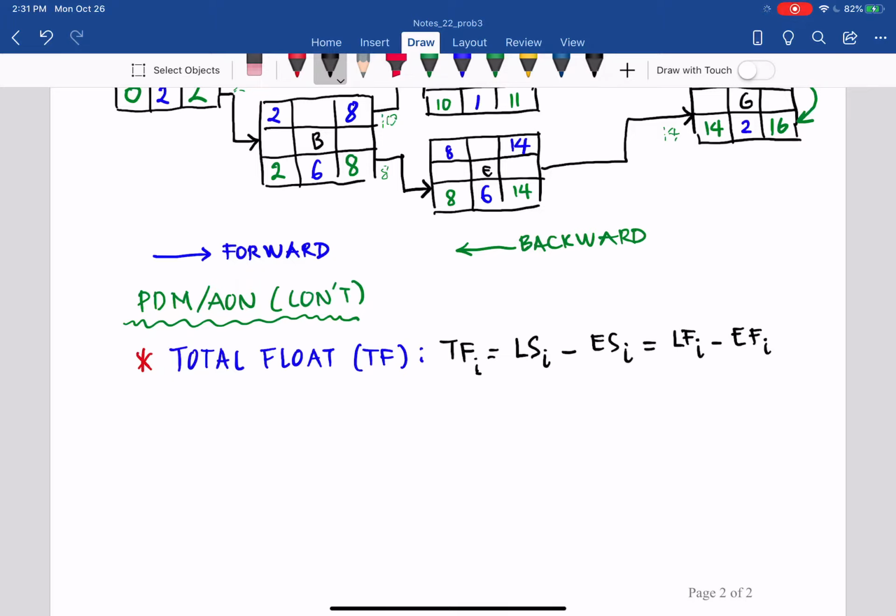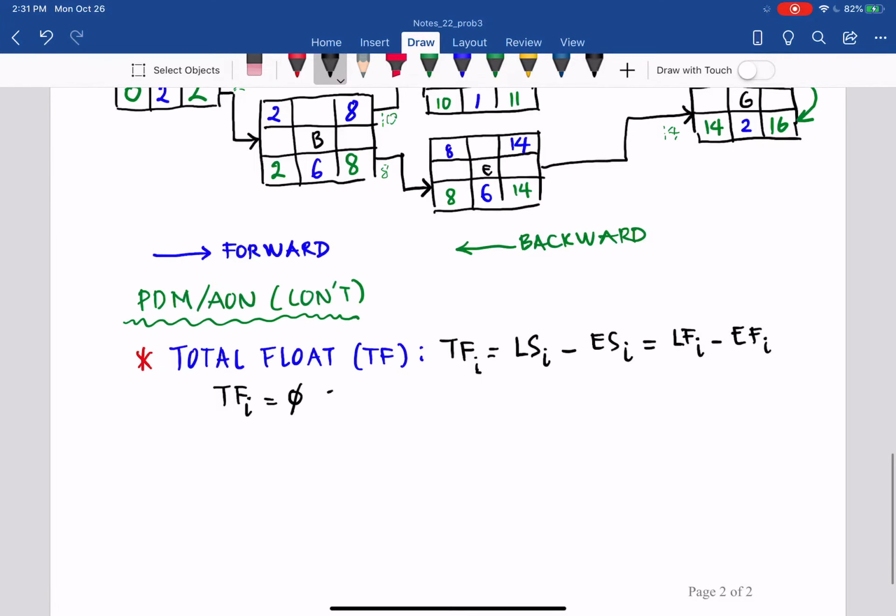And when TF equals 0, then that activity is a critical activity.